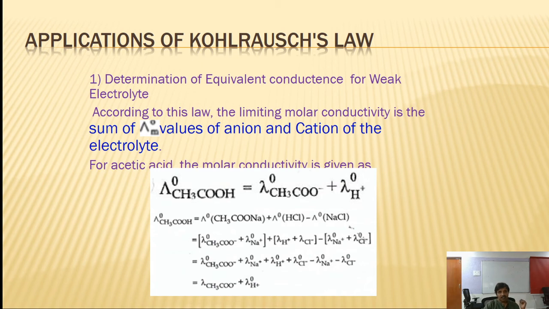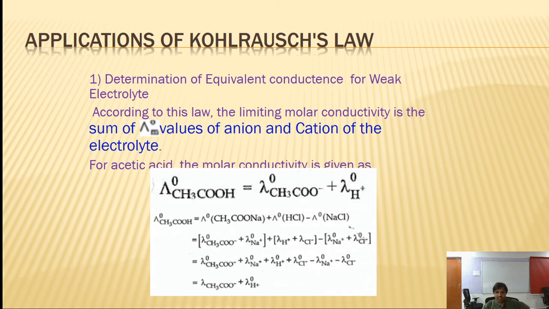For the acetic acid solution, molar conductivity is given as lambda naught CH3COOH equals lambda naught CH3COO minus plus lambda naught H plus. Lambda naught CH3COOH equals lambda naught CH3COONa plus lambda naught HCl minus lambda naught NaCl.